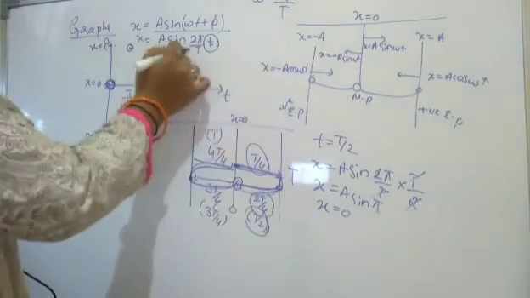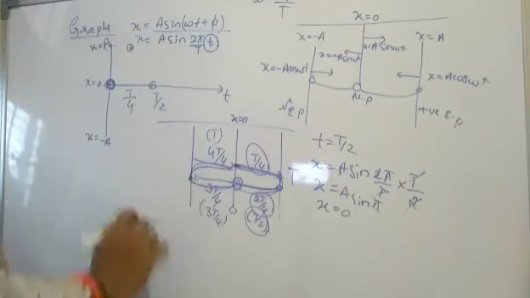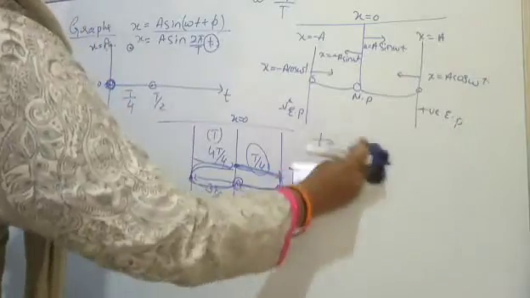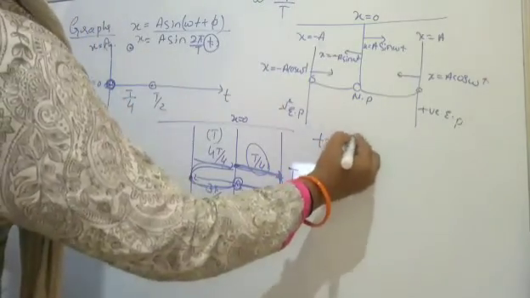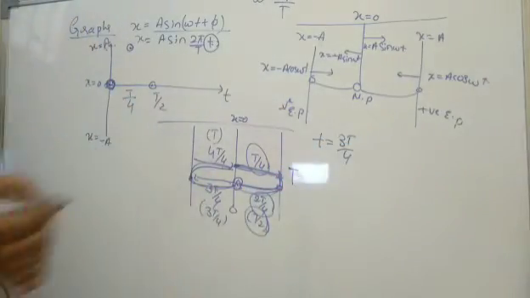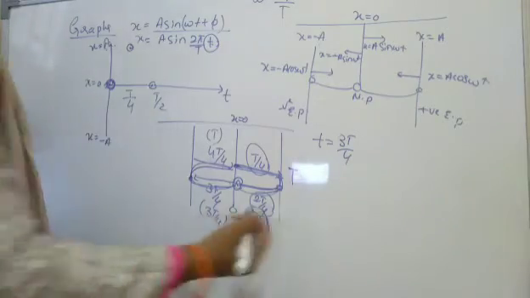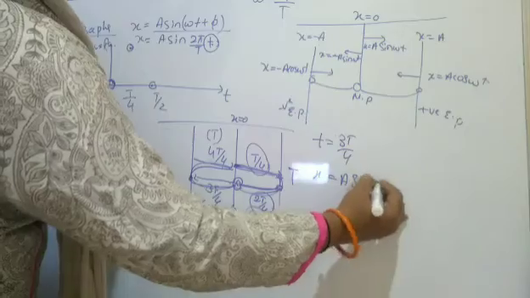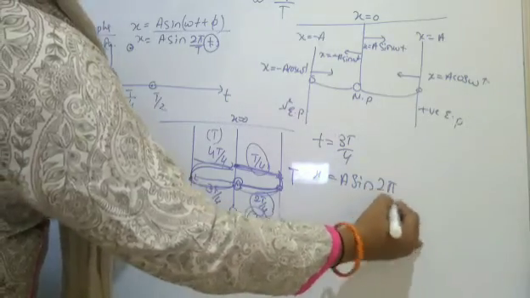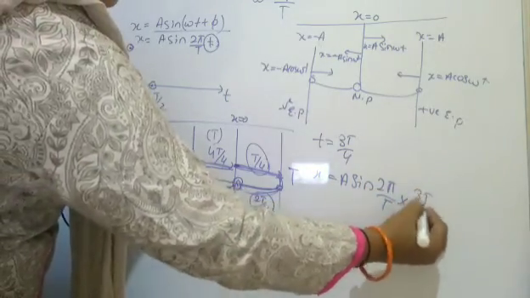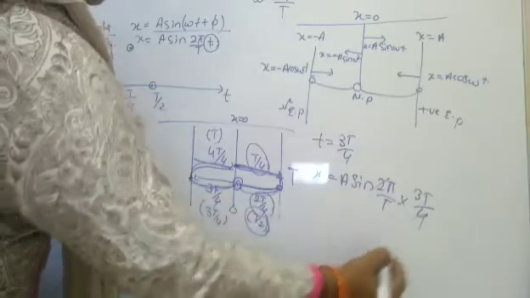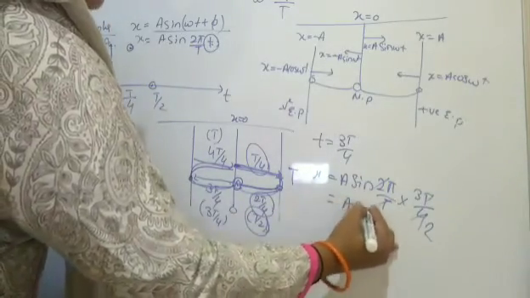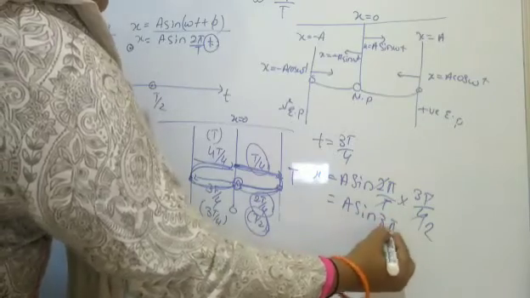Next substitute 3T by 4. 3T by 4 means going from the mean position to the negative extreme position. That means x is equal to A sin(2 pi by T times 3T by 4). The 2 ones are 2, T cancels, and it remains A sin 3 pi by 2.